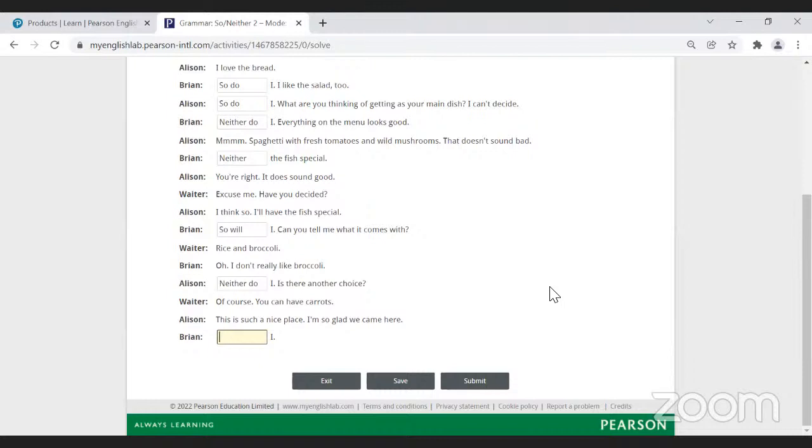So, so, I, so, could be, because you're using verb to be. It is not present simple. So did I? So no, what verb to be do I have to use?